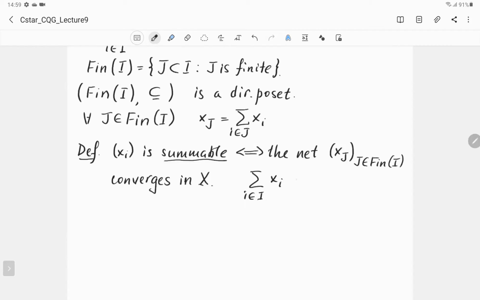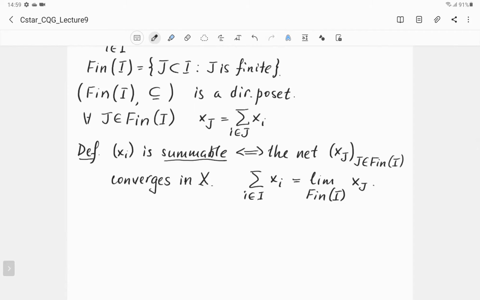The sum of our family is the limit of this net. Okay, so this is the formal definition.